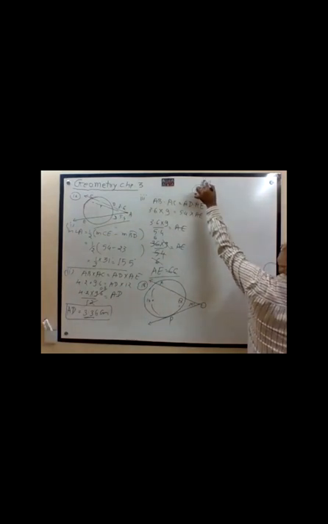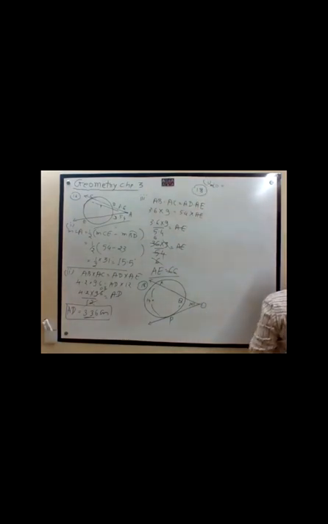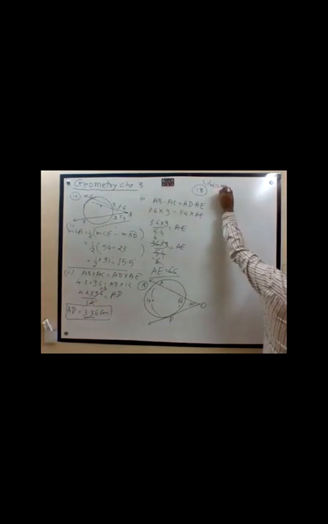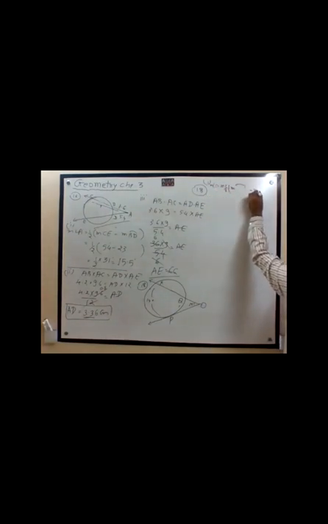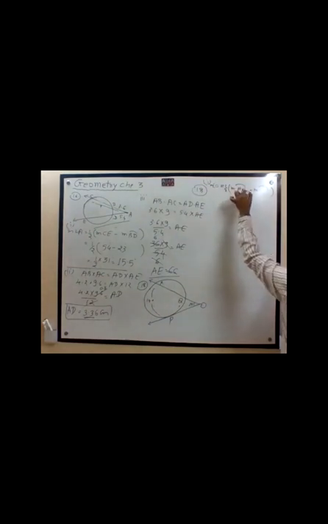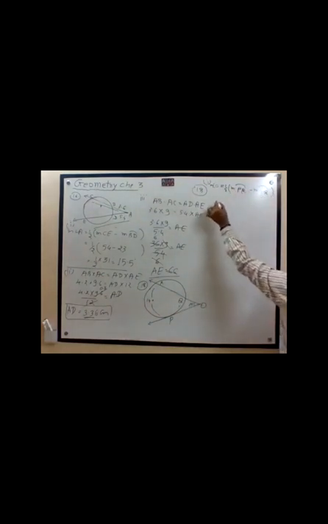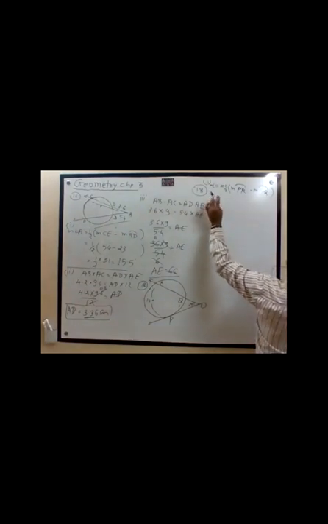So first, measure of angle O is equal to half of major arc minus minor arc, PR bigger minus small PQ. But this is given 36.